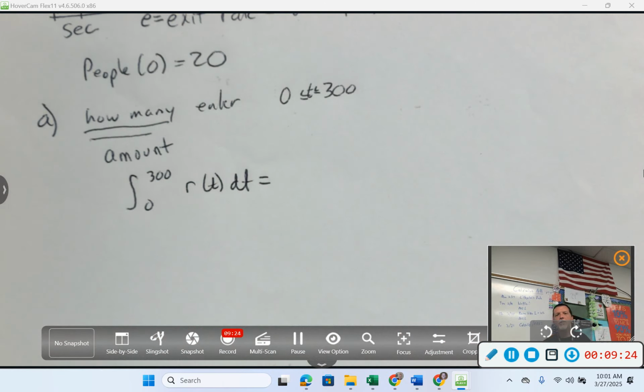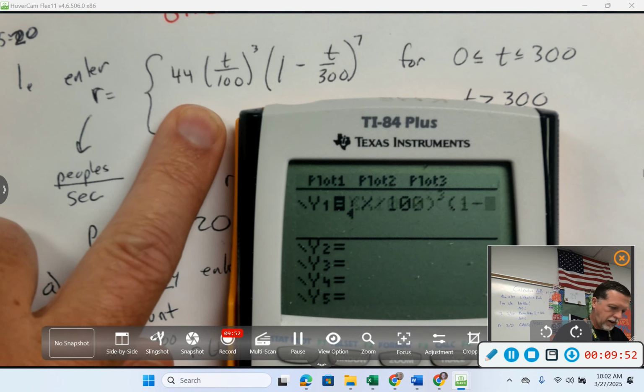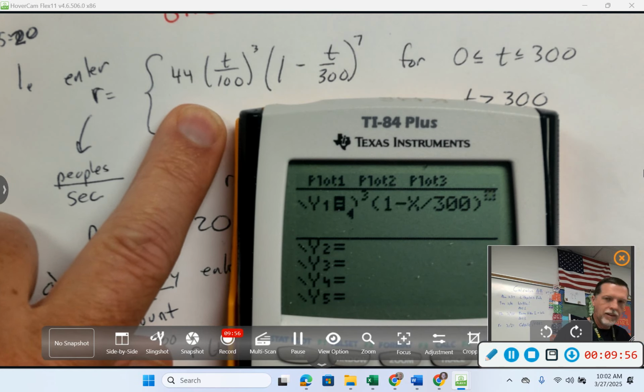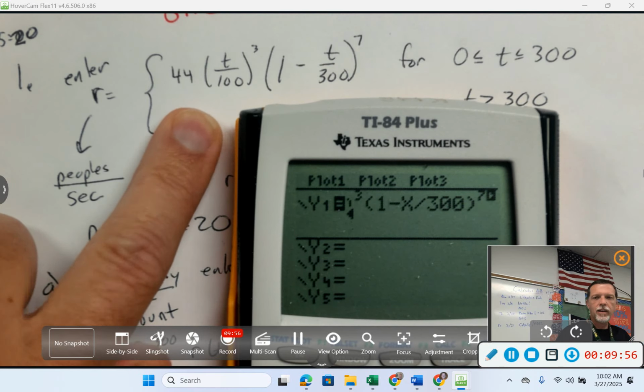This is piecewise, but I'm not worried about the piecewise part. I'm just going to put that in for Y1: 44 times (x over 100) cubed times (1 minus x over 300) to the 7th. So yeah, I want no part of doing anything with that by hand. I definitely want a calculator.